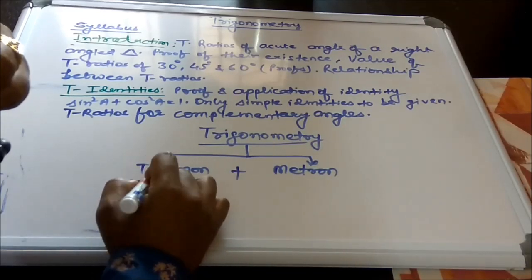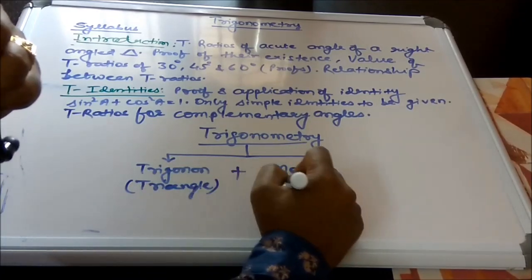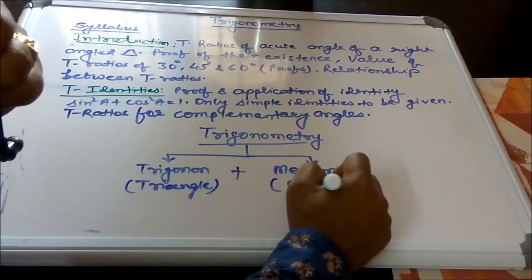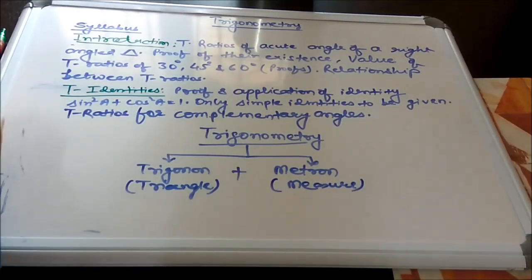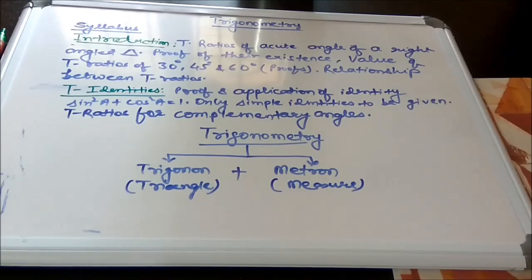The meaning of trigono is triangle and metron is measure. These are Greek words. So it's basically a study of measurement of triangles.